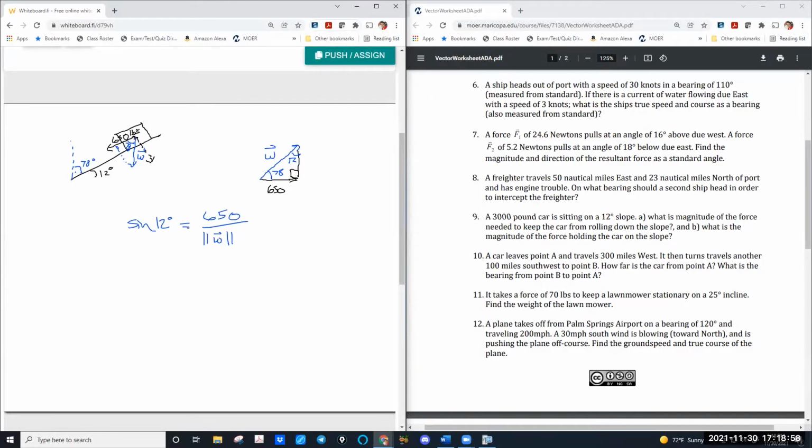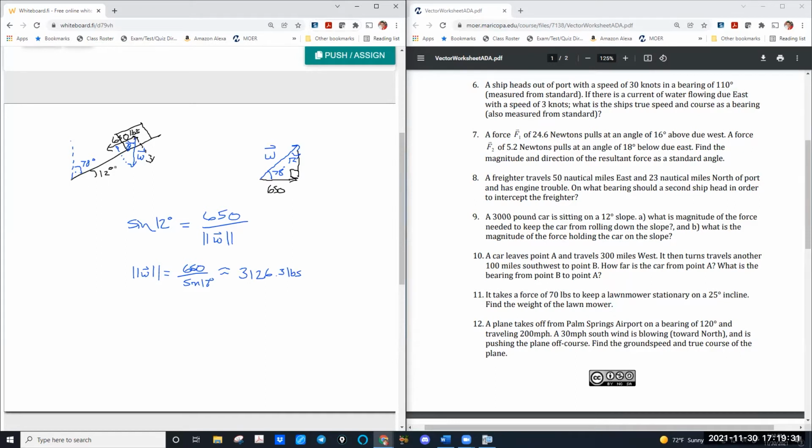The direction is given by the angles. So solving this for W, we get the magnitude of W equals 650 over sine of 12 degrees. This comes out to roughly 3126.3, and because the 650 was in pounds, this will be in pounds.